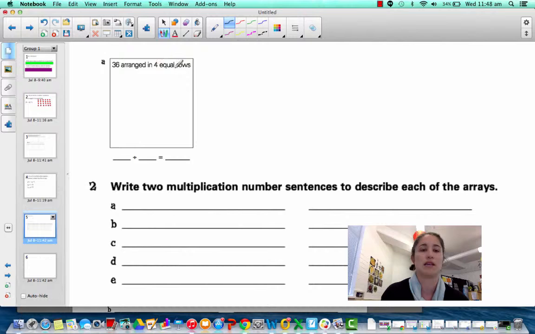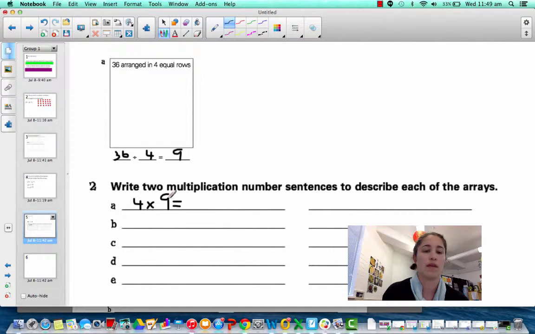So here, 36 arranged in 4 equal rows, you need to figure out 36 divided by 4, and I'll tell you this one to help you, it's 9. 9, 18, 27, 36. So if we were writing that with multiplication, we'd write 4 times 9 equals 36.